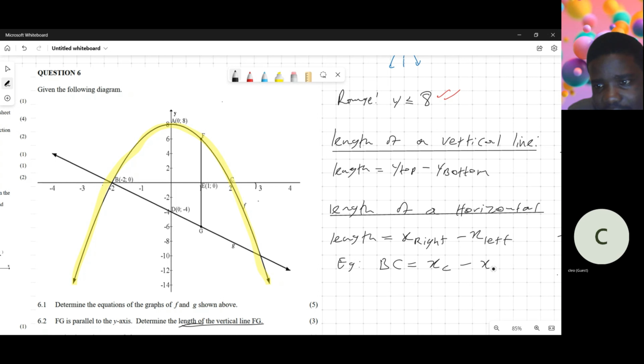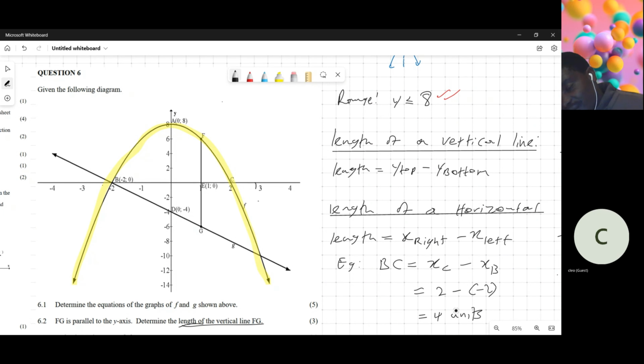So what is the value of x at C? The value of x at C is 2, minus the value of x at B, which is negative 2. Put in brackets, the answer is 4 units. Is it hard? Not really.